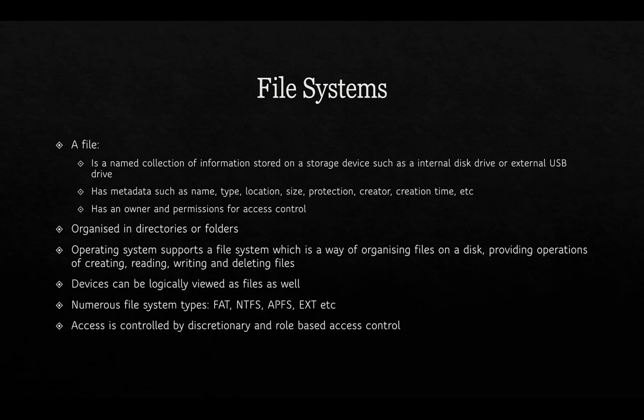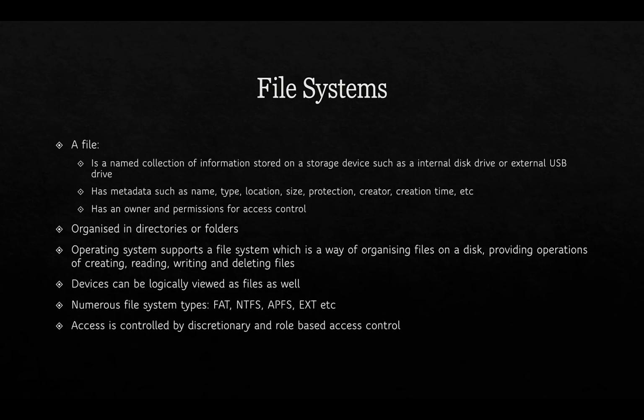A file will normally have an owner and permissions that are associated with access control, who can access that file. So files are organized in directories or folders, depending on the naming conventions. And the operating system will support a file system, which is a way of organizing these files on a disk and providing the basic operations of creating files, reading from them, writing, and deleting them.